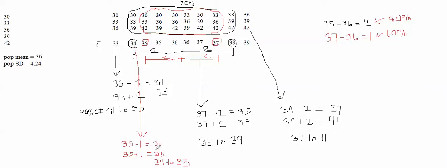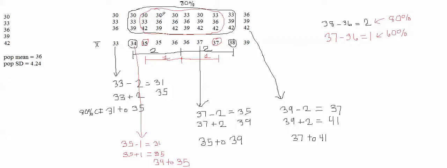This was a 60% confidence interval because we added and subtracted the 60% margin of error. Remember, back when we were adding and subtracting the 80% margin of error, we were creating 80% confidence intervals. But now that we're using the 60% margin of error, we're creating 60% confidence intervals.